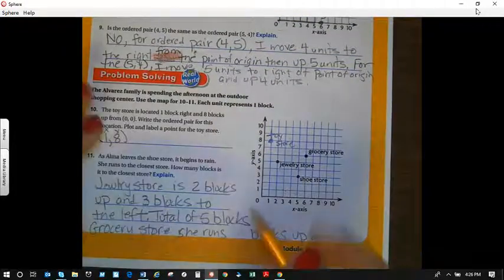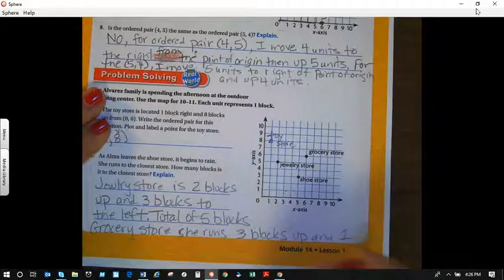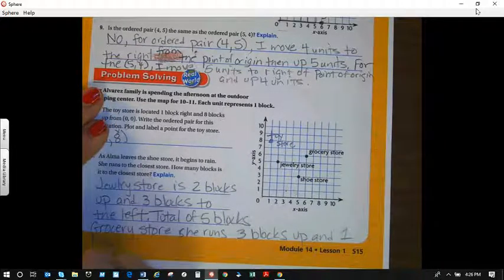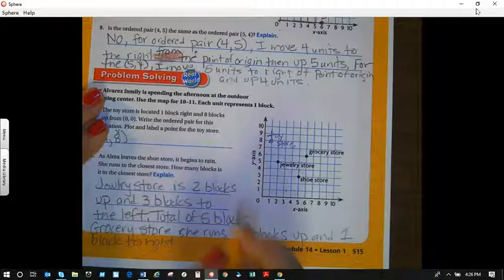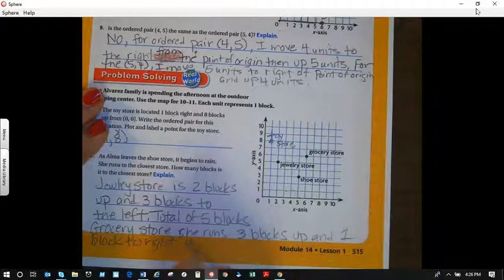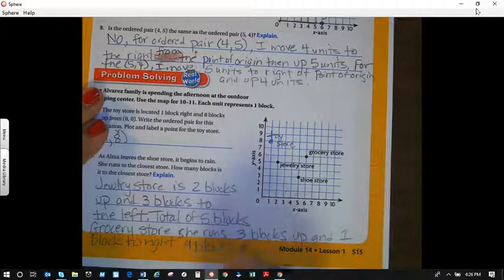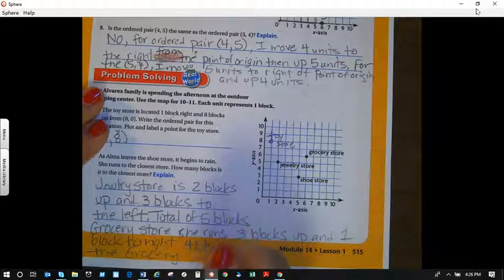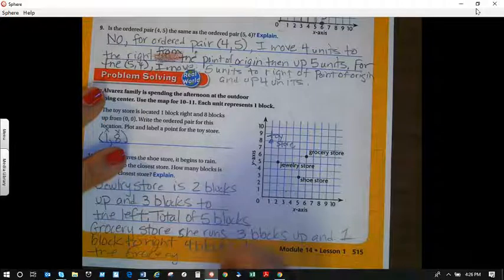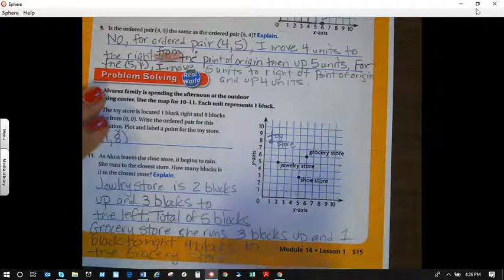So she runs 3 blocks up and 1 block to the right. So it'll take her 4 blocks to the grocery store. So which one is closer? The grocery store.